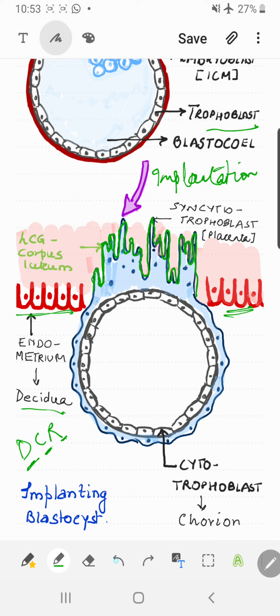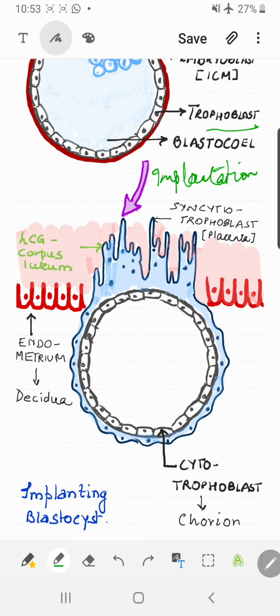When I use the word villi, these finger-like projections are villi. When you open your palm and intermingle your fingers, the term is known as interdigitization, right? Similar is the case here.